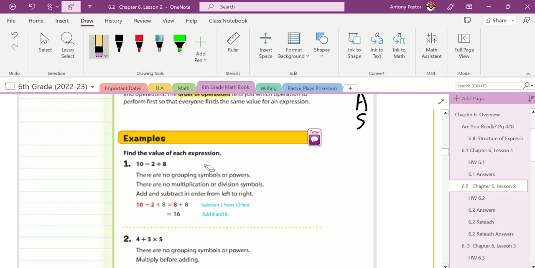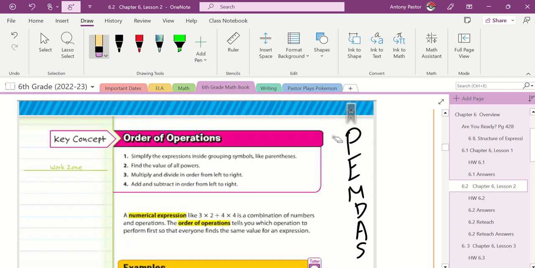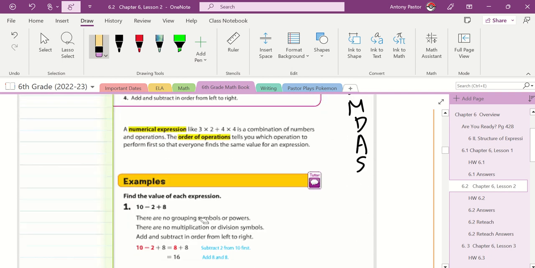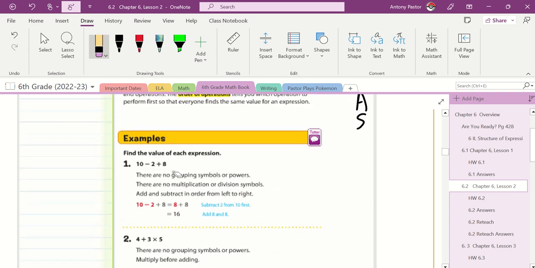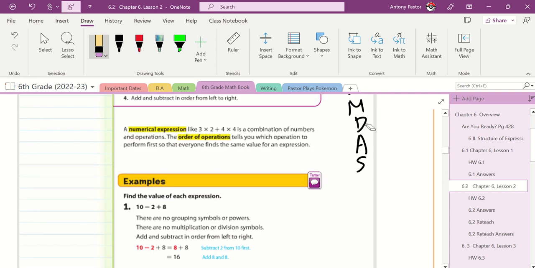So the example here is 10 minus 2 plus 8. Remember, from left to right, parentheses first, no parentheses. Exponents, no exponents. Multiplication and division, none. Addition and subtraction happens from left to right. So I don't do 2 plus 8, which equals 10, and then subtract 10 from 10. That's not how it works.